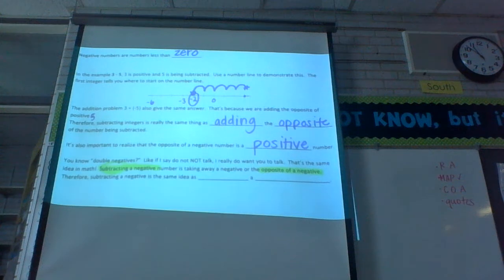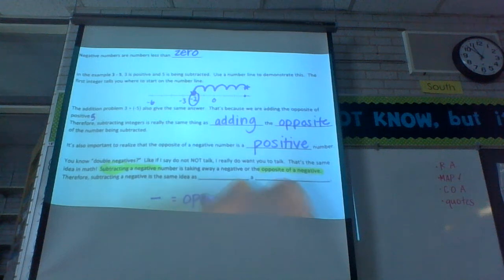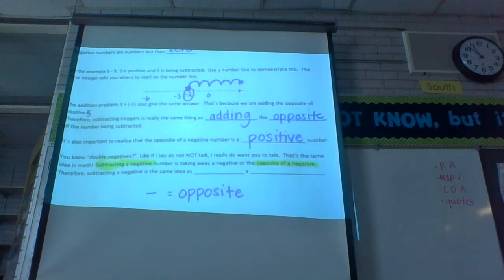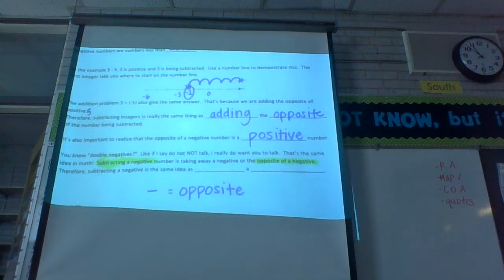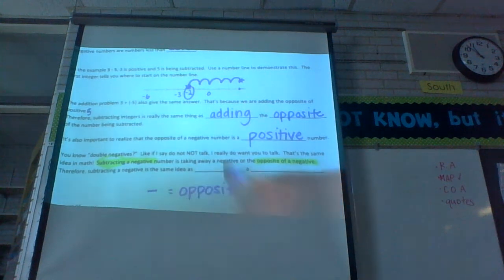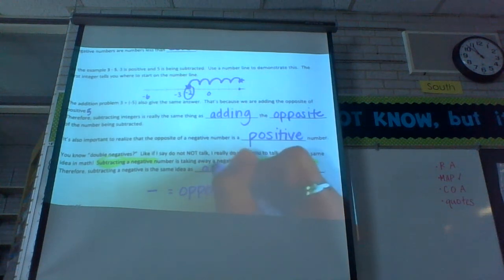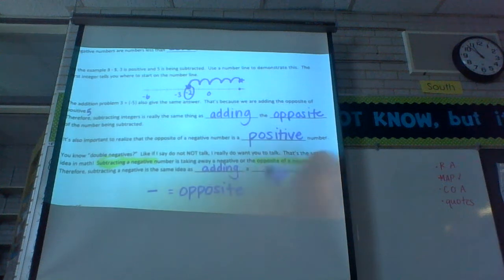Anytime you see a negative sign, it's really telling you opposite. Thank you for writing that down. So, therefore, subtracting a negative is the same idea as adding a positive.